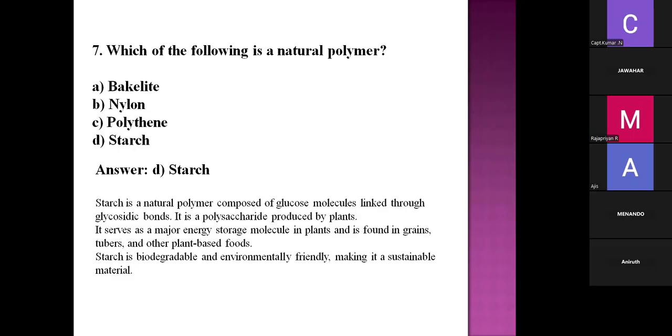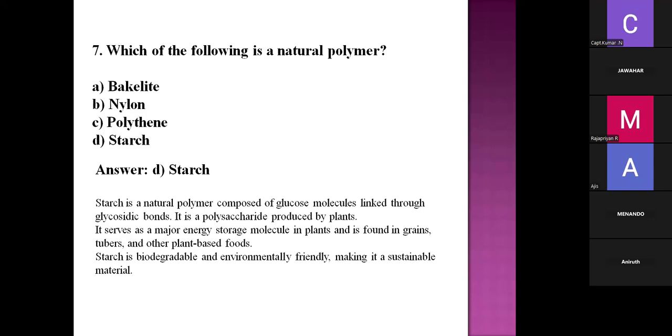Starch is biodegradable and environmentally friendly, making it a sustainable material. It exists in two forms, amylose with a linear structure and amylopectin with a branched structure. Common applications of starch include food products, adhesives, and biodegradable plastics.